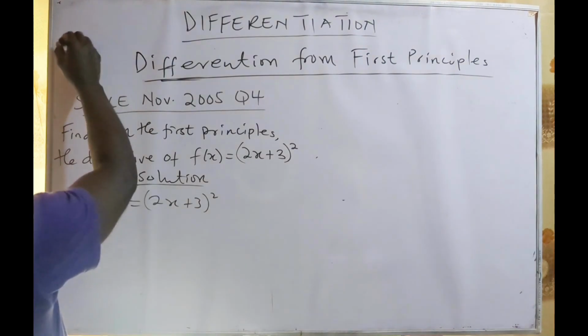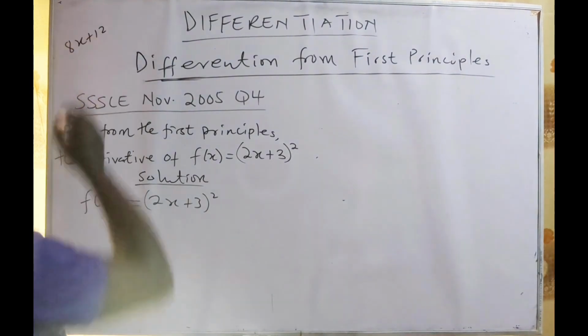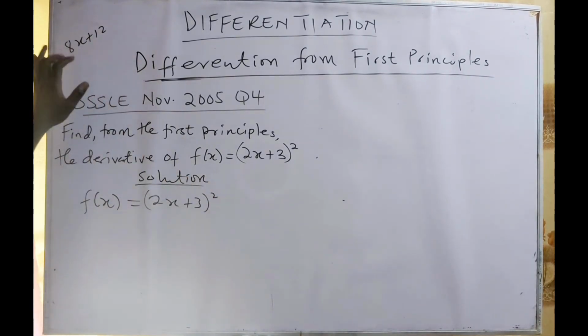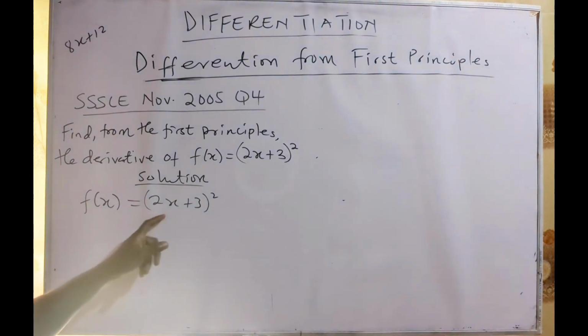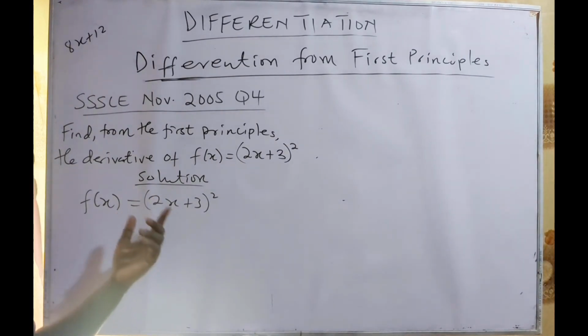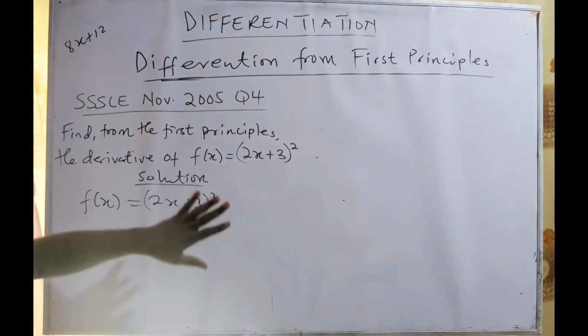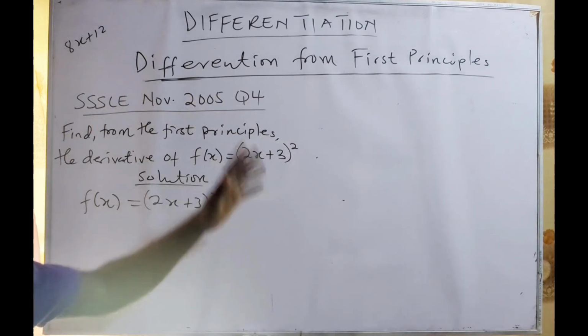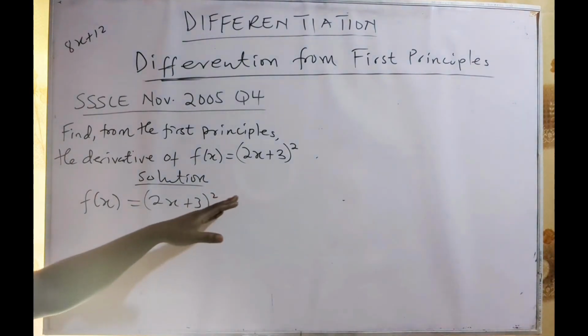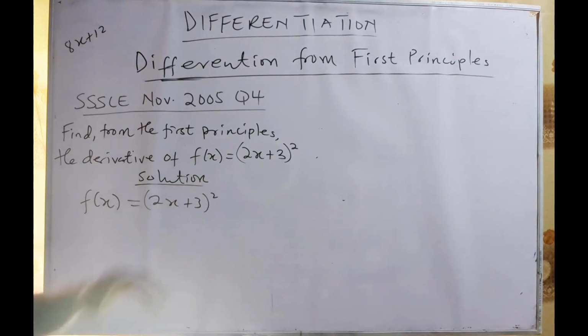So let's put our answer somewhere here. As we are using the first principle, our aim is to get 8x plus 12. Before that, let's try and expand this, so that when we are using the first principle, with our substitution of x plus h, it becomes easy for us. So make sure you expand.